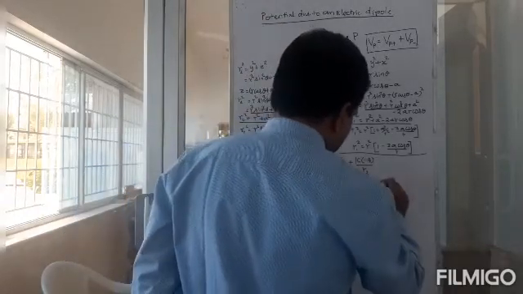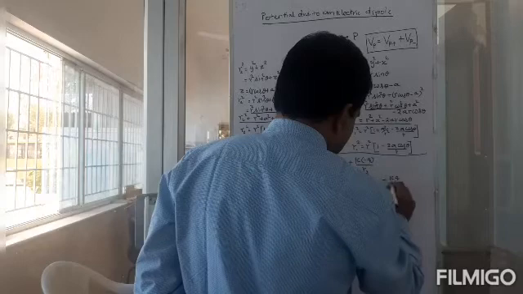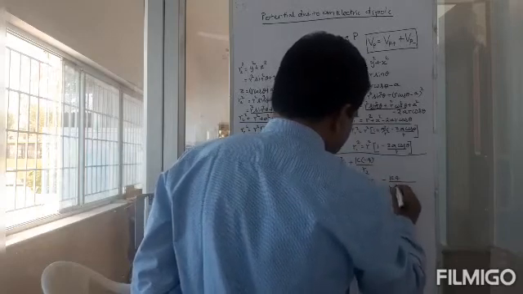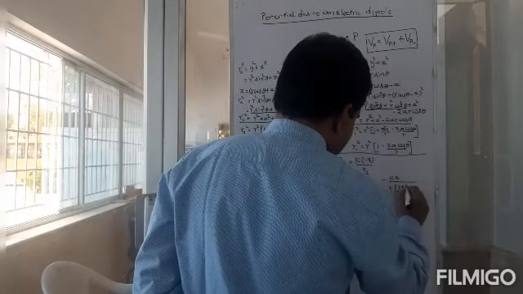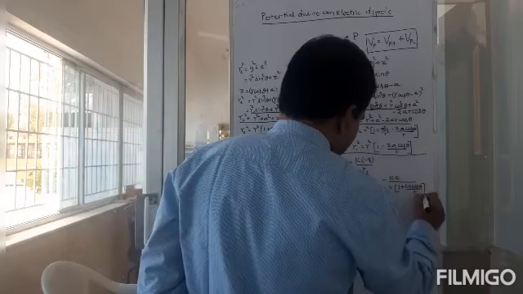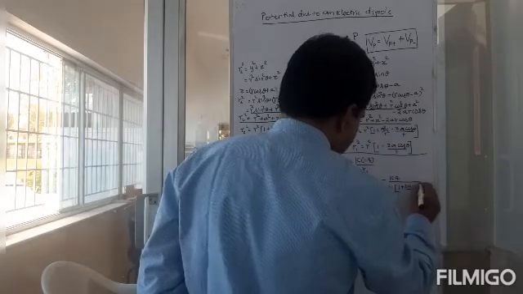Okay, so minus KQ by r into 1 plus 2a cos theta by r, whole power half.